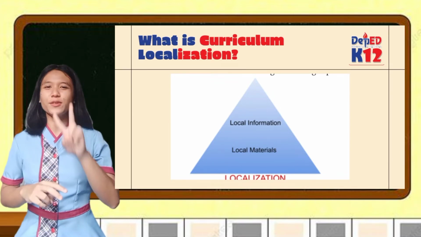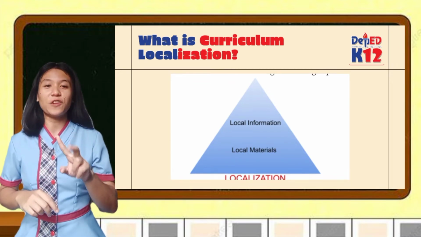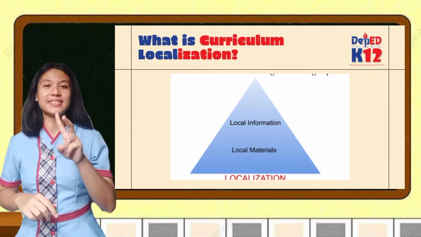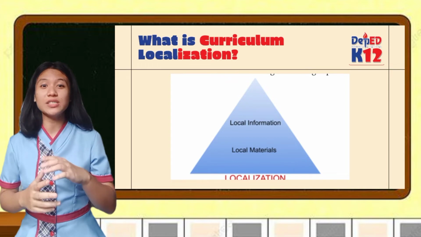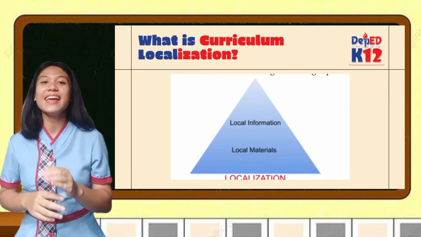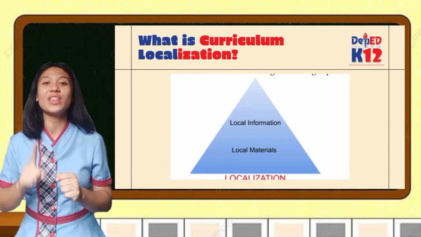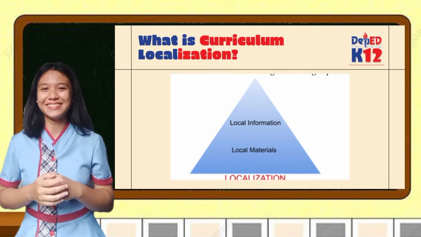So just two things to remember in localization. The first is local information, and the second is local materials. Localization uses local information and local materials in the teaching and learning process. So that's it, for you not to forget the concept of localization.